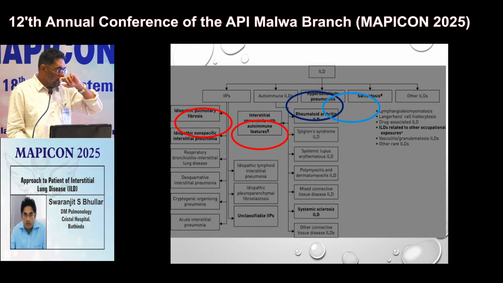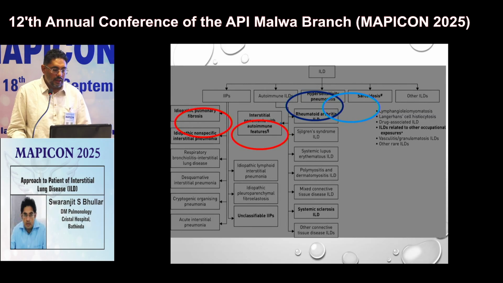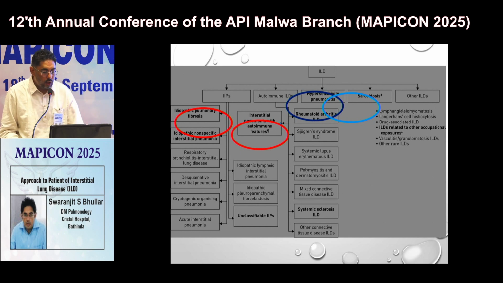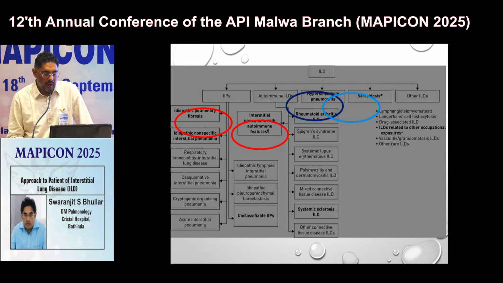It includes idiopathic pulmonary fibrosis, idiopathic NSIP, RBILD, desquamative interstitial pneumonia, cryptogenic organizing pneumonia, earlier called BOOP, then acute interstitial pneumonia, idiopathic lymphoid interstitial pneumonia, idiopathic pleuroparenchymal fibroelastosis, and other unclassifiable ILDs.